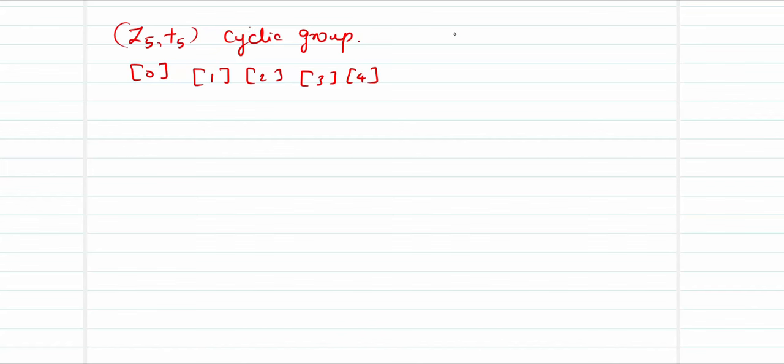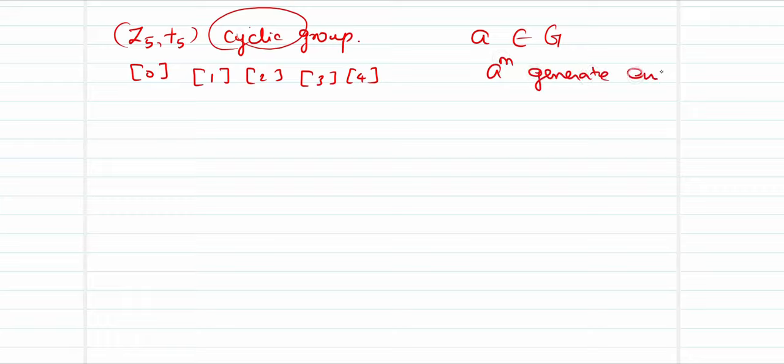What do we mean by a cyclic group? A cyclic group is one generated by one element. There is an element A that belongs to your set G, such that A raised to the power of any integer m will generate the entire set G. So G is generated by this single element A when the binary operation is done m number of times.